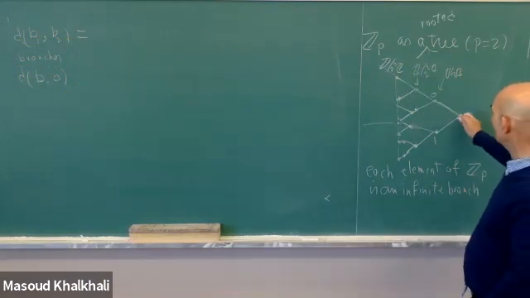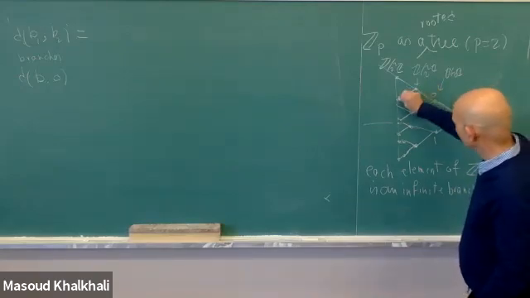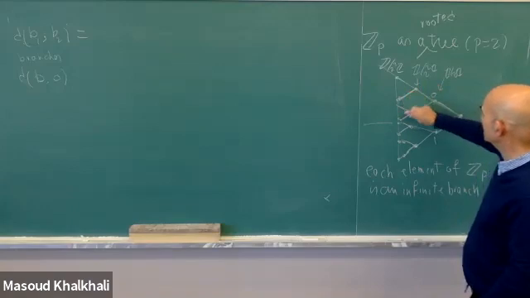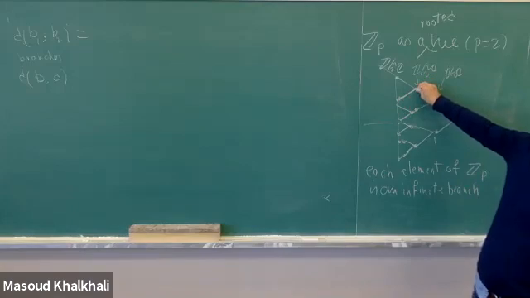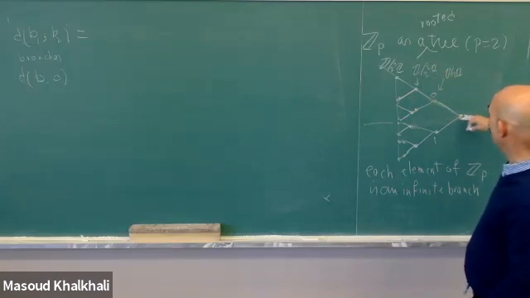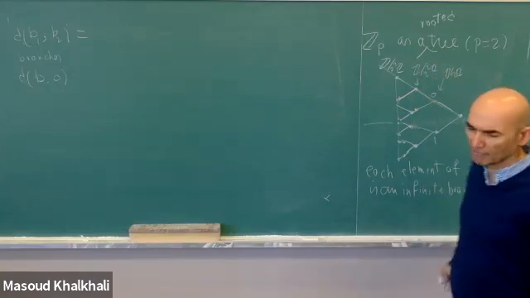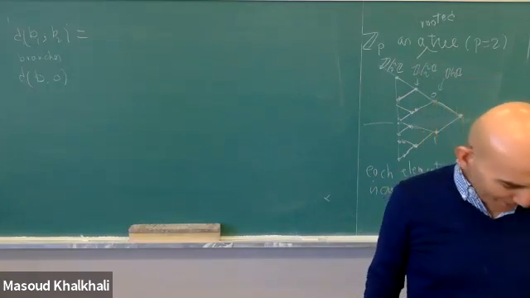And if you come here, at this point, you start branching out, the distance between this branch and zero is going to be exactly 2 to the power minus 2, or p to the power of minus 1. So I guess one can figure this out, but I don't know how to exactly formulate it in a concise way.